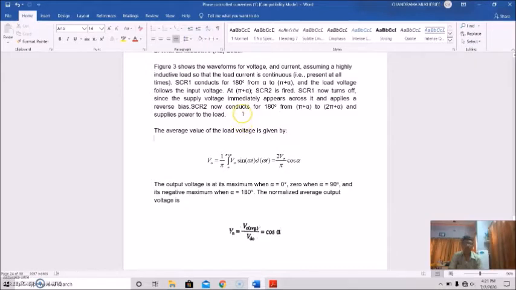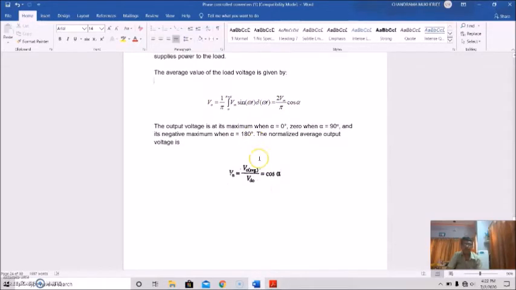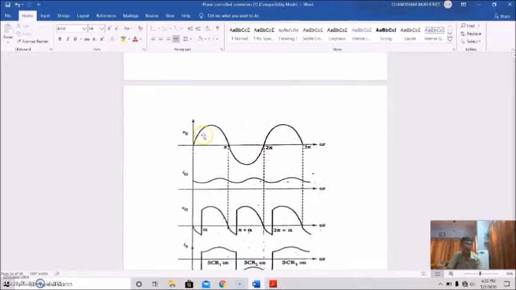At pi plus alpha SCR2 is fired, SCR1 is turned off since the supply voltage immediately appears across it as a reverse bias. SCR2 now conducts for 180 degrees, from pi plus alpha to 2 pi plus alpha, and supplies power to the load.